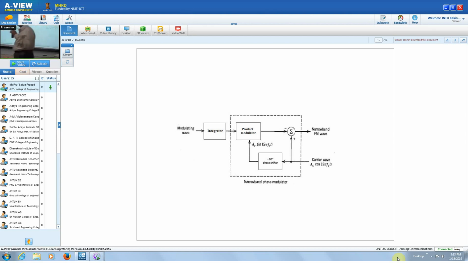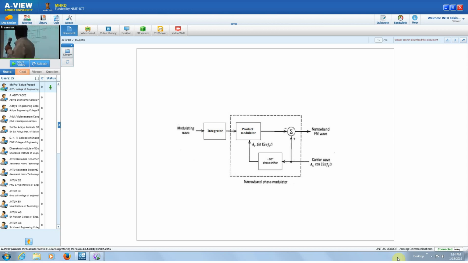This is what a typical narrowband FM is. This is used in the indirect method of generation of wideband FM, because this will not be transmitted straight away as an FM signal: it will not have a constant amplitude, and harmonics are going to be there in addition to your carrier signal. Therefore, it is used to generate a wideband FM in the indirect method of generation of FM signal.